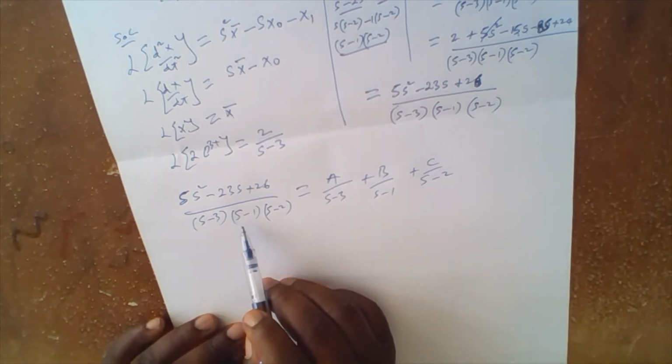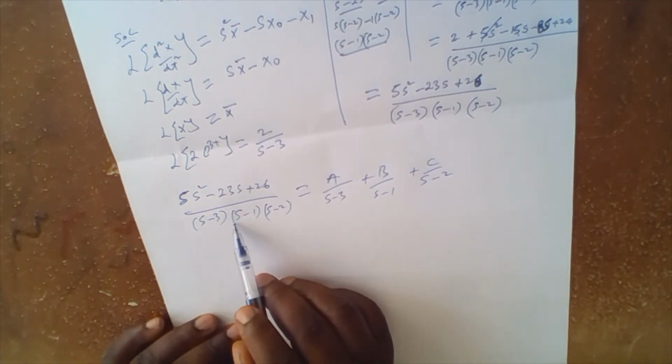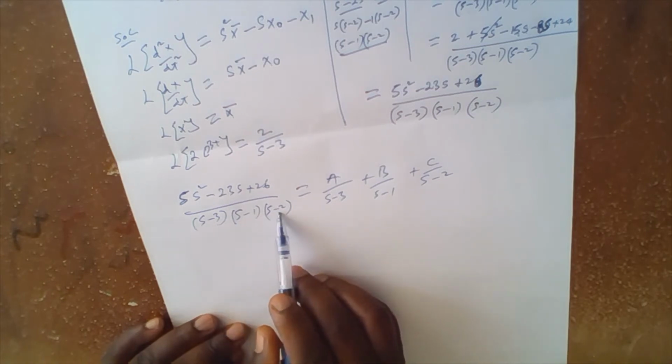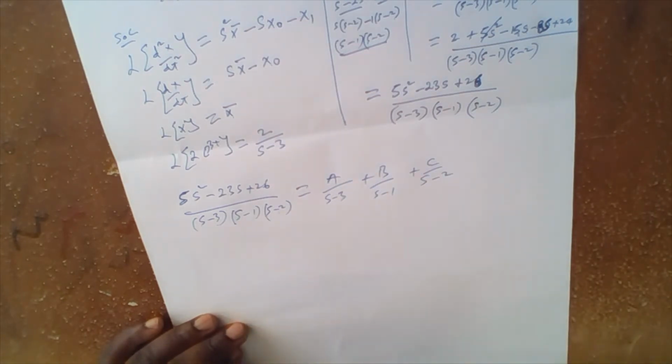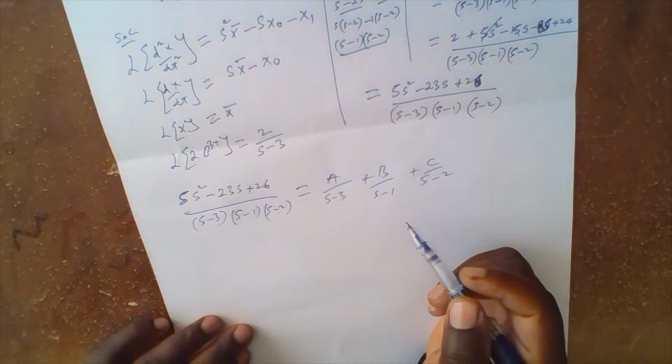Every single linear factor in the denominator gives rise to a partial fraction.